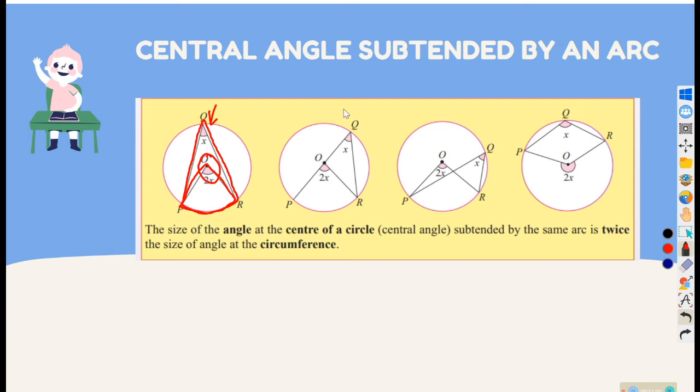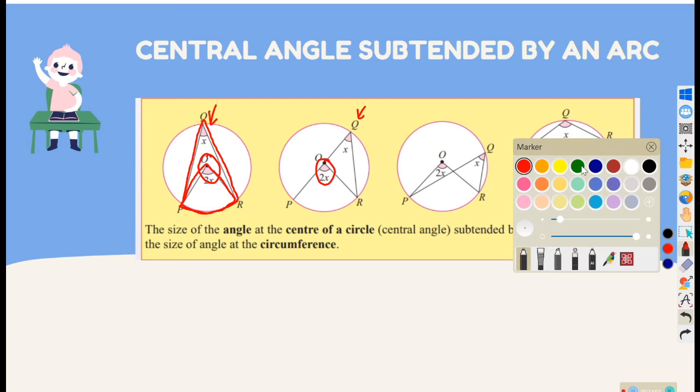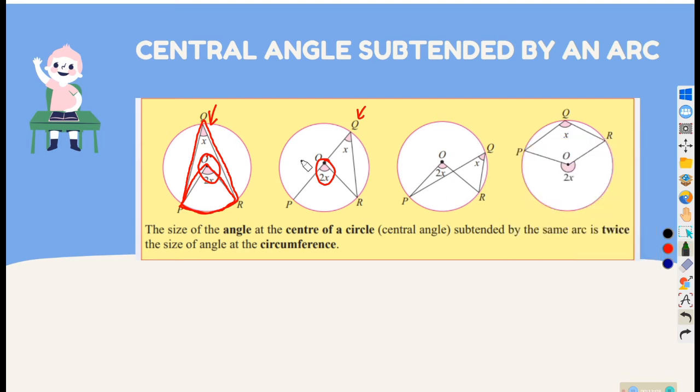So you must remember, the angle at the center is twice the size of the angle at the circumference. This one is the circumference. Now we want to check, is it the same arc here? P going to Q, going to R, going to the same arc here.